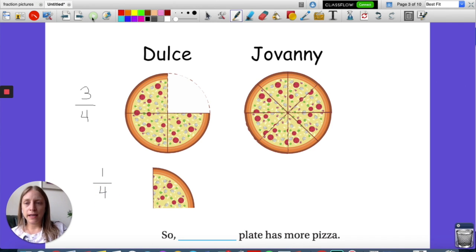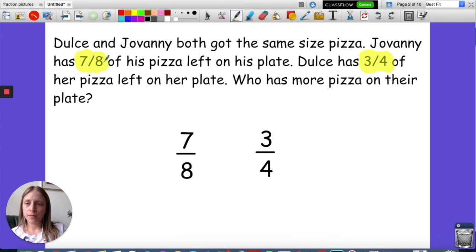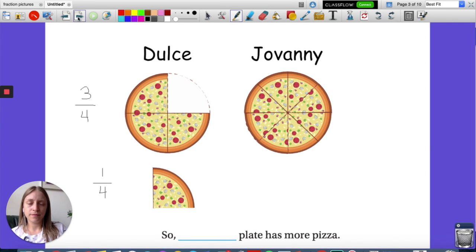Now with Giovanni, let's go back to the word problem. 7/8 of his pizza was left on his plate. So let's see. I'm going to try to take away 1 slice of Giovanni's pizza. Let's see what that leaves me with. 1, 2, 3, 4, 5, 6, 7.